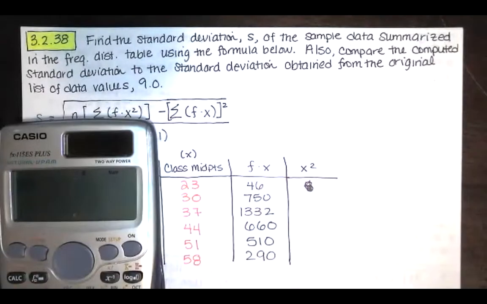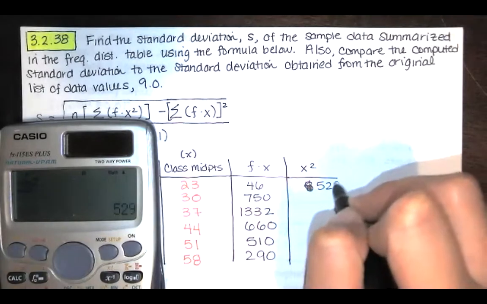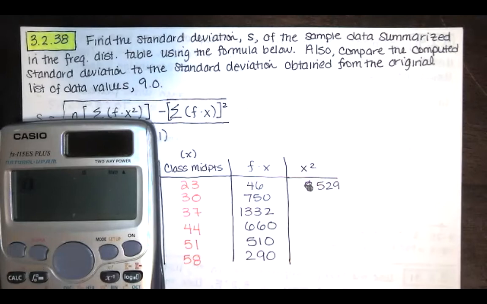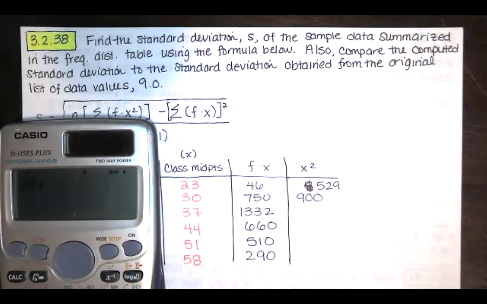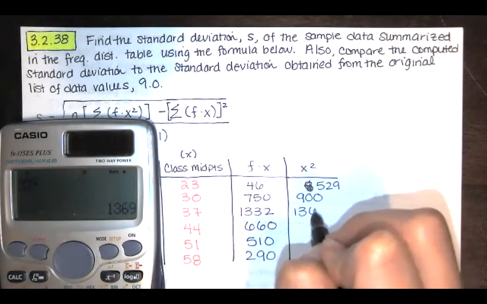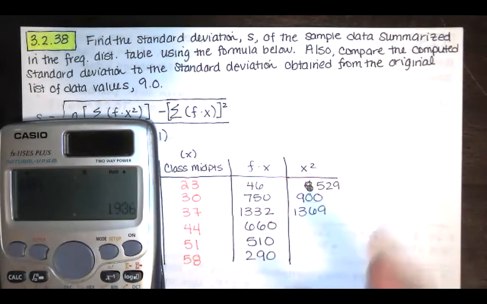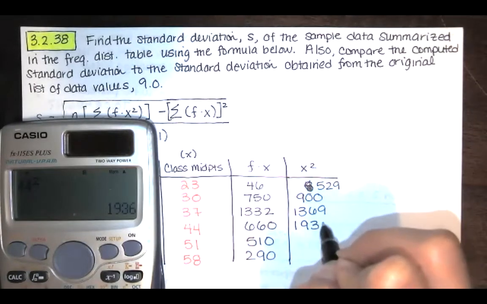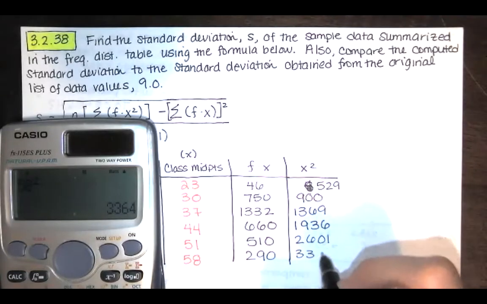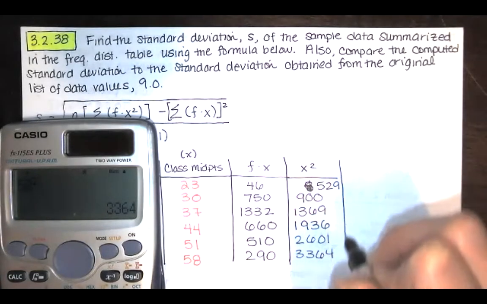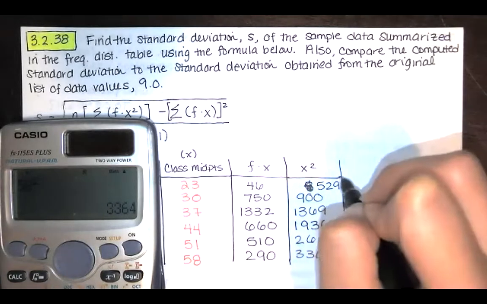I want this 23 squared. 30 squared, you could probably guess what that is without a calculator, I hope. 37 squared. 44 squared. 51 squared. And 58 squared. So those are the class midpoints squared.